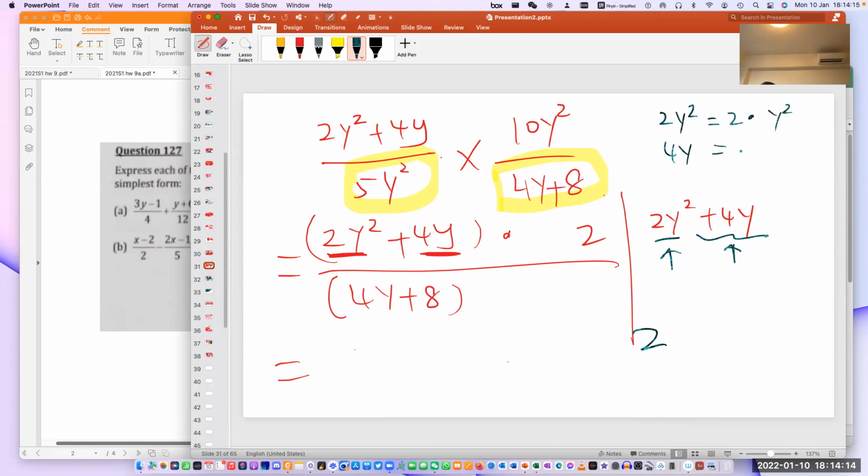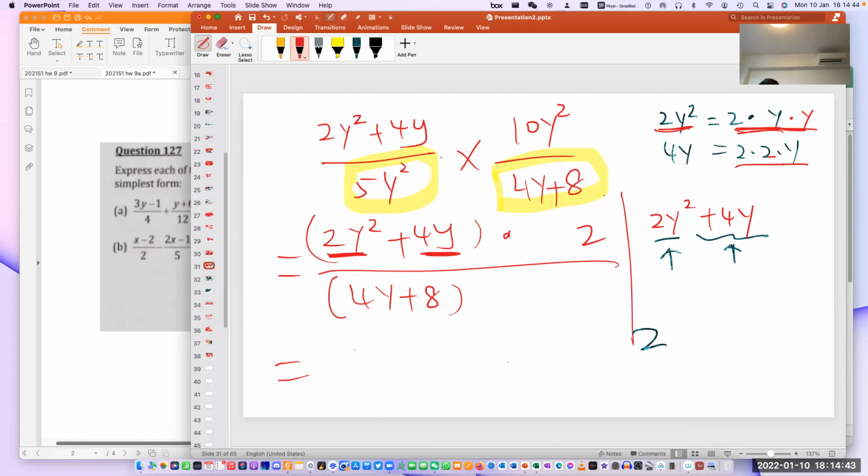That's how you split. You split your 2y squared into this, and you can split the y squared further into y times 1. That means expansion. For the 4y, you can expand it this way. Why do you expand it this way? Because when you expand it this way, then only you can see what is common between these two terms.